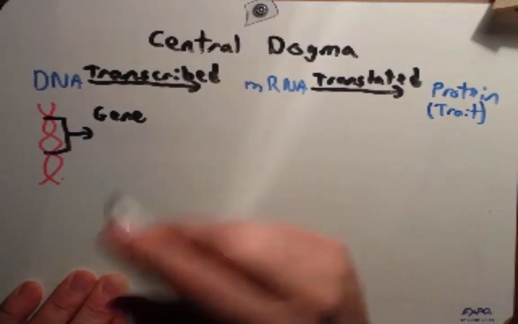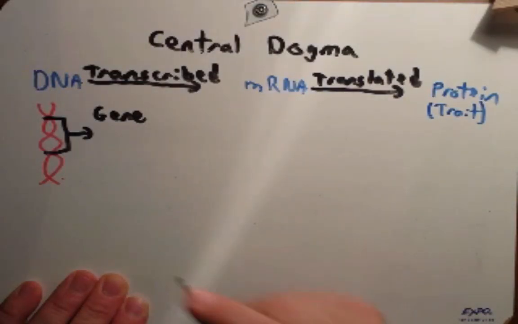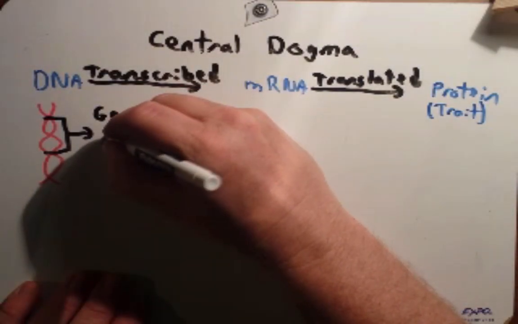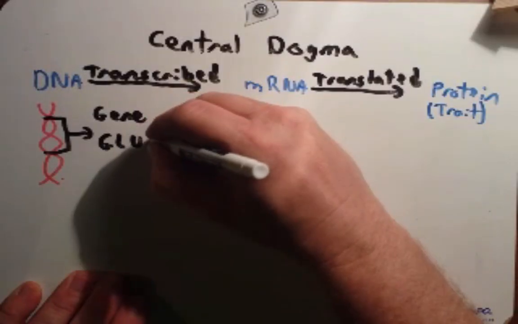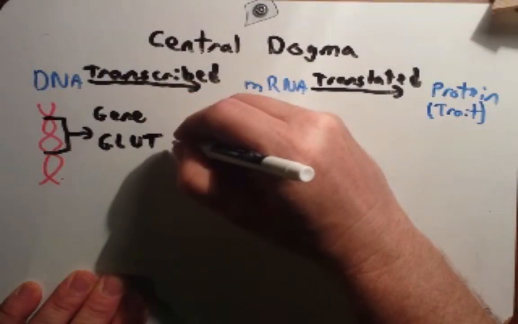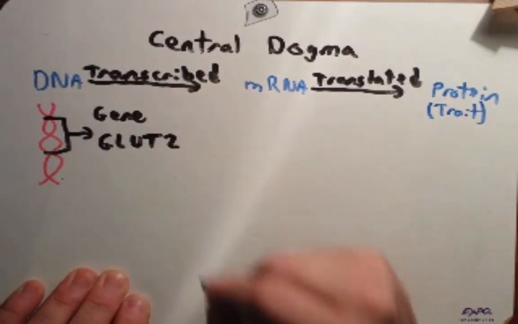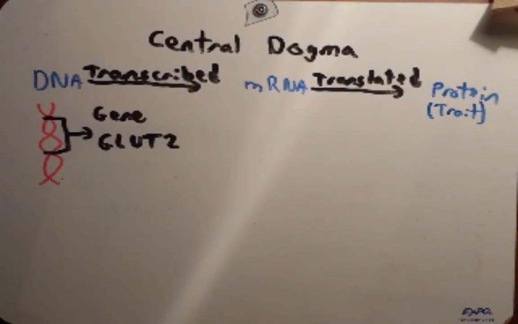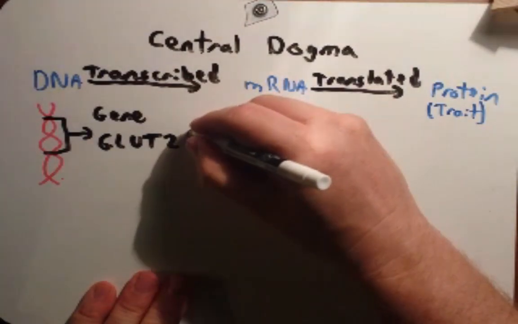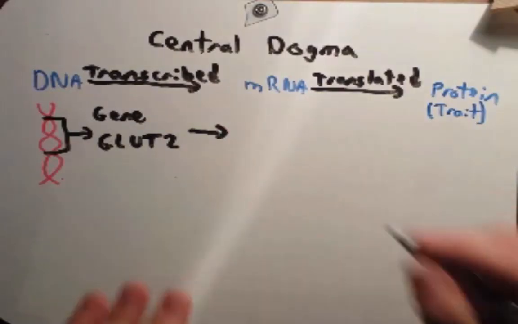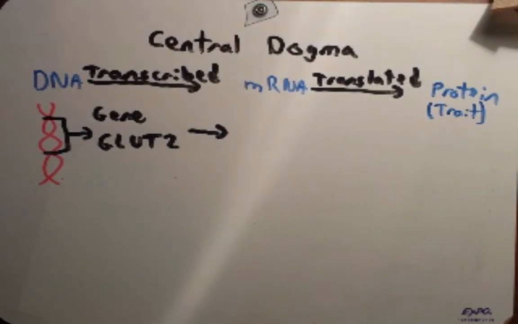But specifically, let's talk about a particular gene called GLUT2, G-L-U-T 2. Now this gene, GLUT2, by itself is just a blueprint. And it doesn't have a particular function all by itself. Its function is just to exist and to carry the message necessary to make a particular protein.